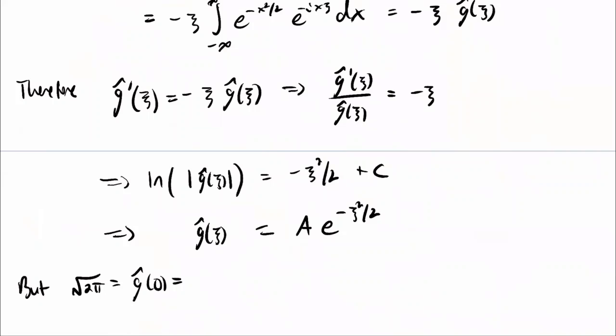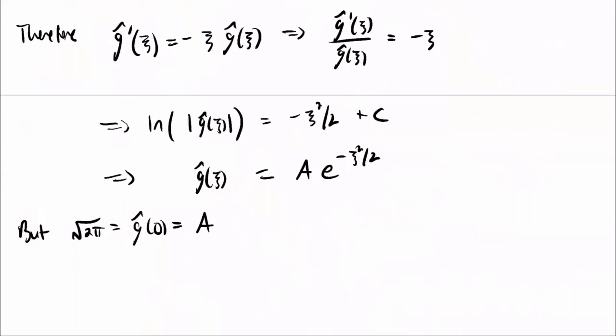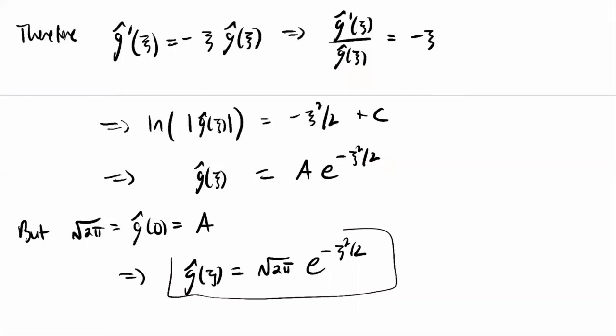And so if I plug in 0 to the right-hand side above, I get that it's equal to a. And so a is equal to the square root of 2 pi, and therefore we end up with what we were trying to show. g hat of c is equal to square root of 2 pi times e to the minus c squared over 2. So the Fourier transform of a Gaussian is another Gaussian. It's a very important fact.